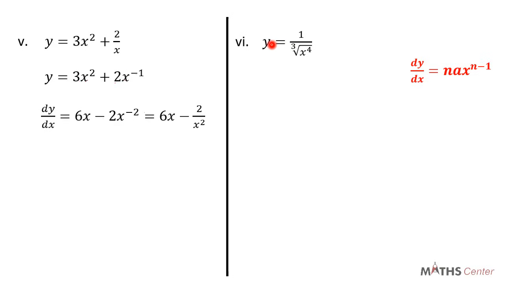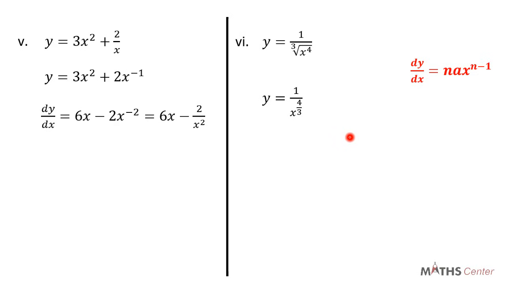The next question is y is equal to 1 divided by the cube root of x exponent 4. This is quite interesting. From indices, this can be written as 1 divided by x exponent 4 divided by 3, because we know that the cube root of anything is that thing exponent 1 divided by 3.